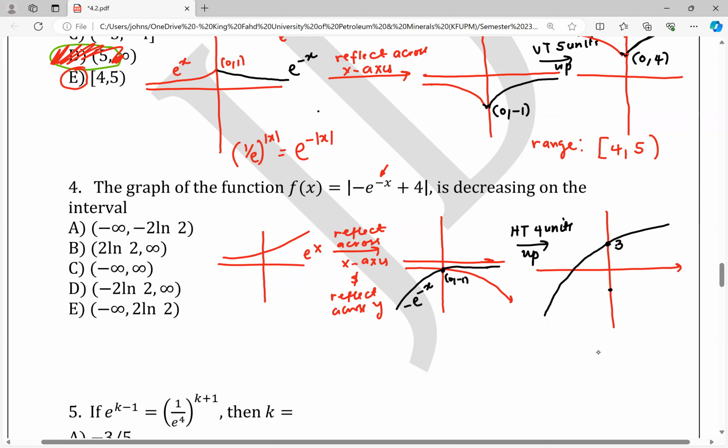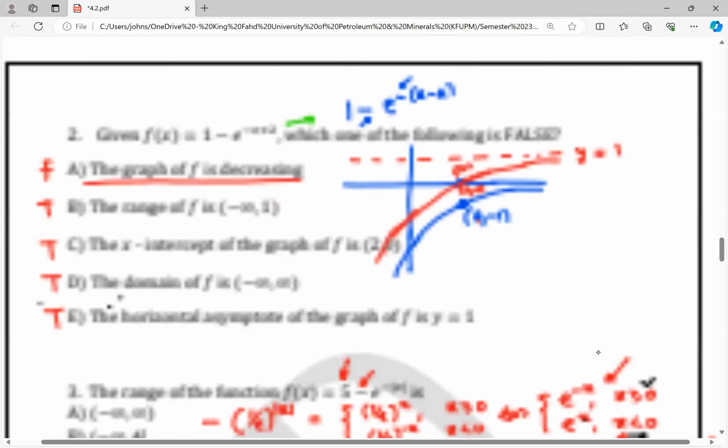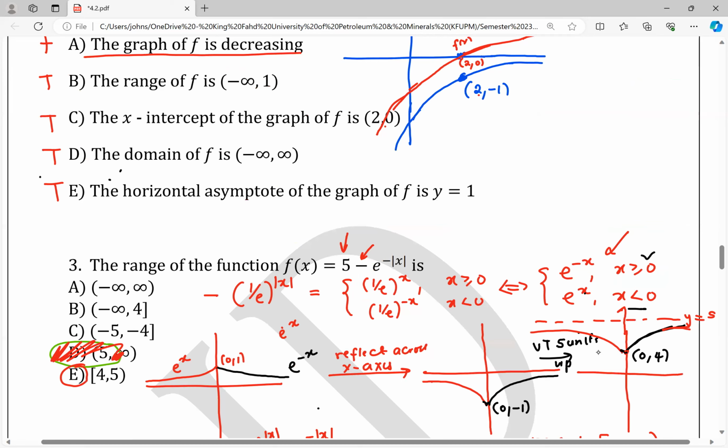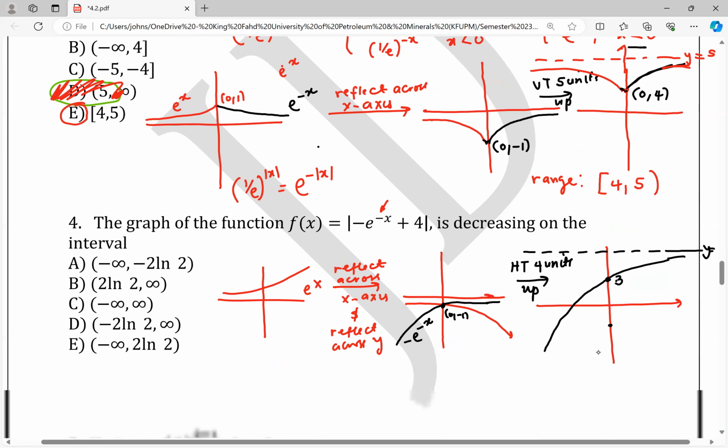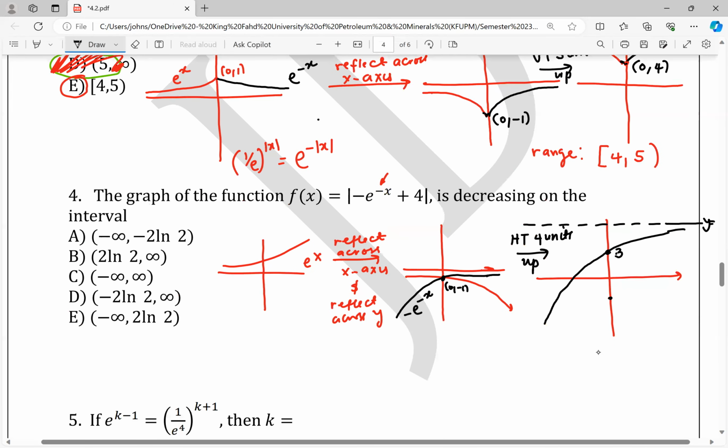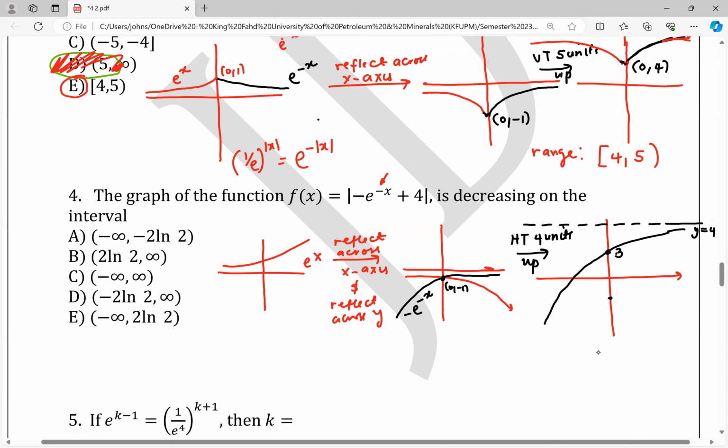Okay. Now, what is the horizontal asymptote? The horizontal asymptote still stays as y equals 4. Okay. Now that we have this, what can we do?